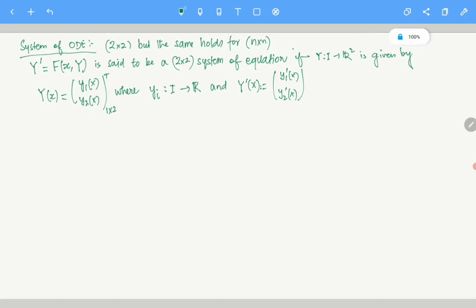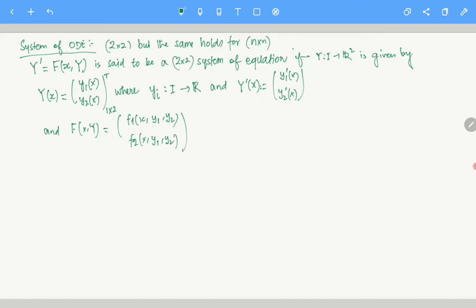So Y prime of x is this, and capital F of x, capital Y, that is given by f1 of x, y1, y2, f2 of x, y1, y2.